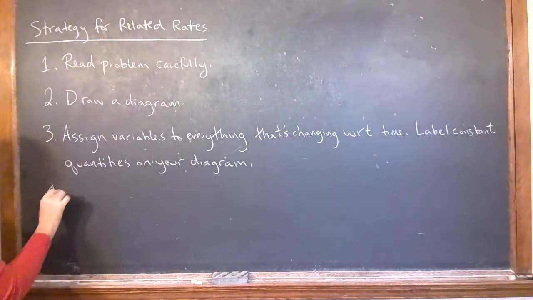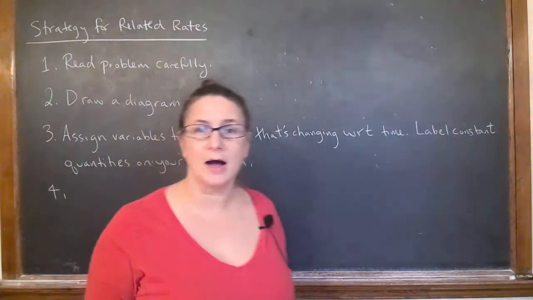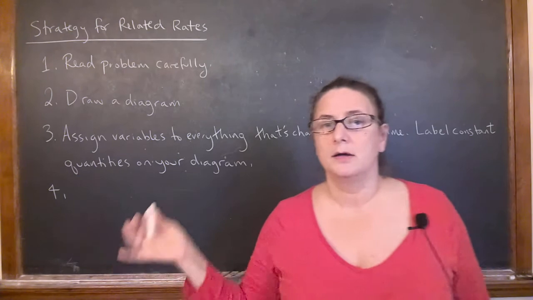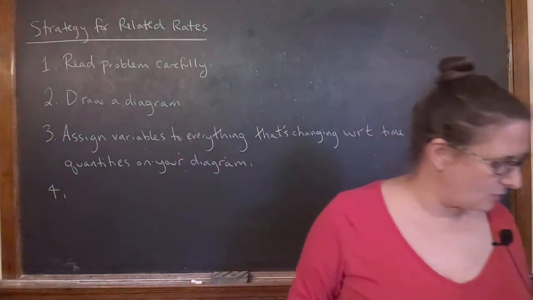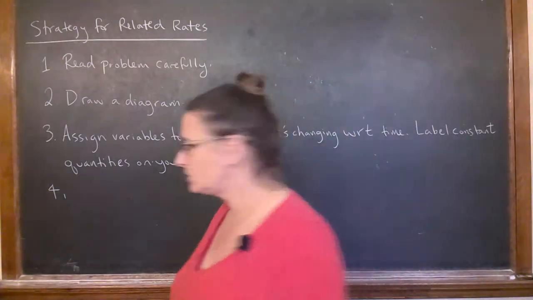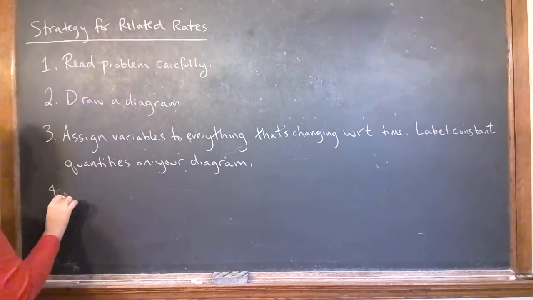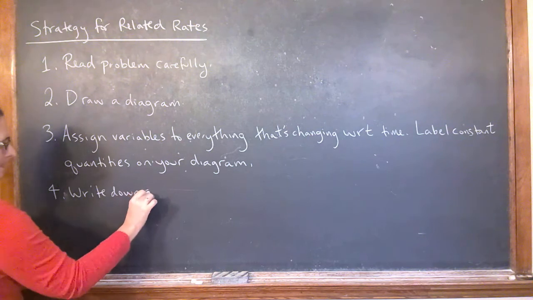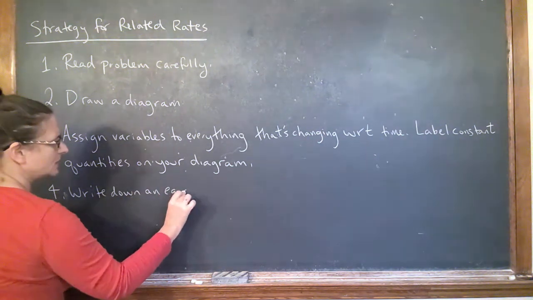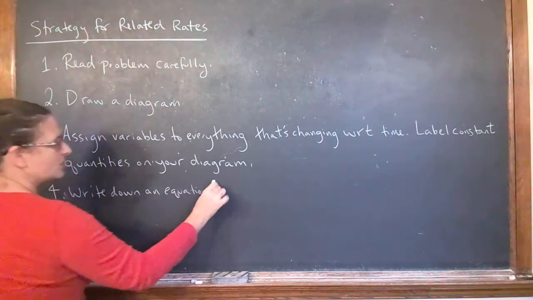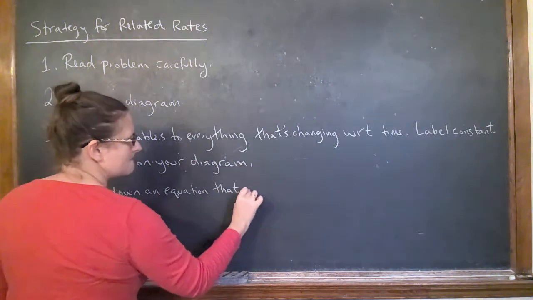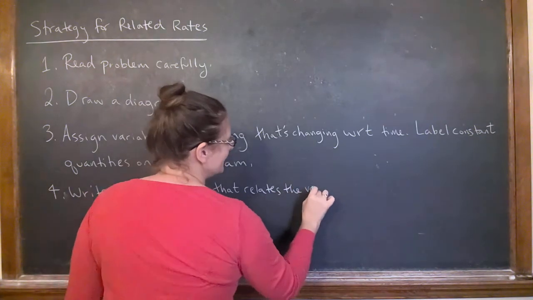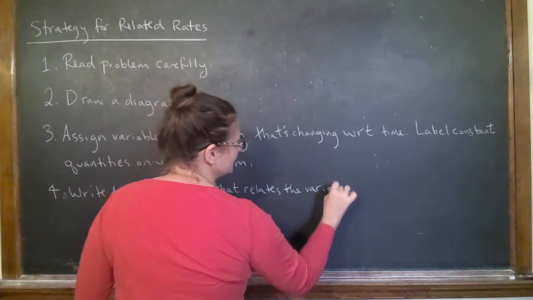The next step is that you want to figure out the relationship between the variables. So you want some equation, so write down an equation that relates the variables. And you don't have to do these in this order.